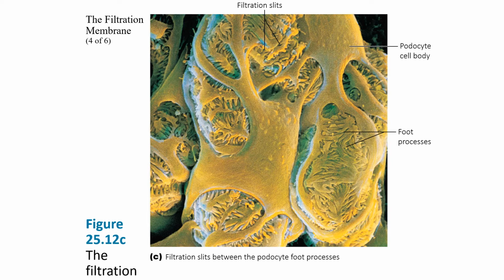God put this together in such a way that toxins and drugs and waste products would be filtered out, but we would not lose important plasma proteins nor our blood cells. In fact, if you see plasma proteins and if you see blood cells, there's a problem. There's a major problem.